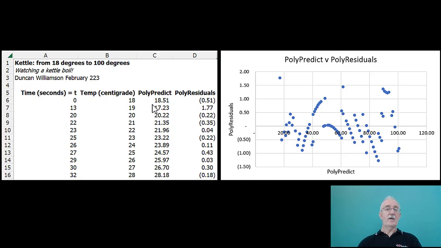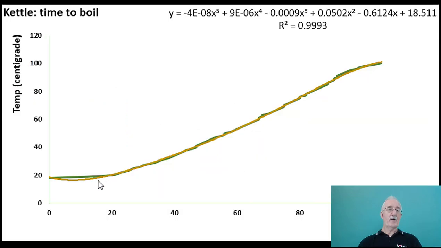And there we are. When the actual temperature is 18 degrees at time t is 0, this model is predicting 18.51. 13 seconds, 19, 17.23. You can probably see that, by the way, down here, where it's, let's call it the worst part of the graph.